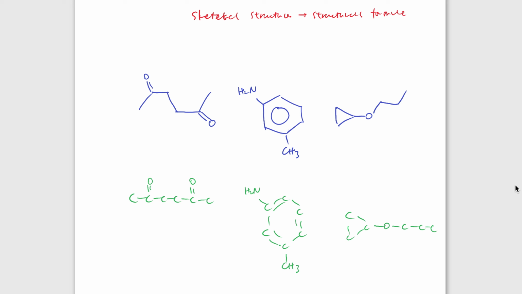So I didn't draw any of the hydrogens out. I just put the carbons. You can draw the hydrogens if you want. You literally just replace every single dot by a carbon. And notice this is the ketone. This is not the aldehyde, because if it is an aldehyde, you must draw it like that.